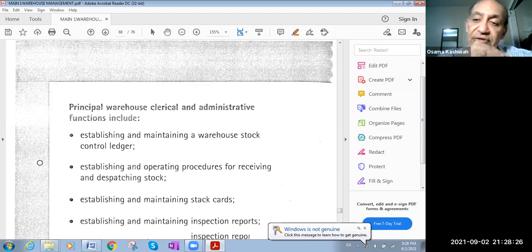The minimum level of storage means an amount that we keep, and we ignore that it's there. We don't talk about it; it's not there, this amount.